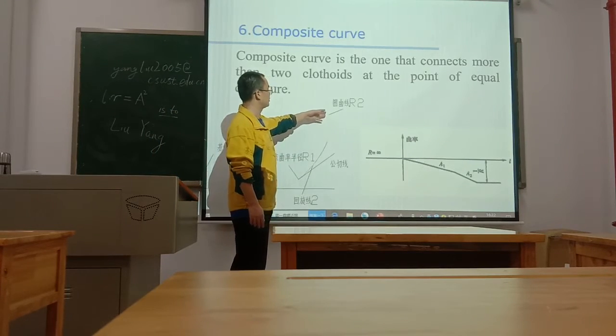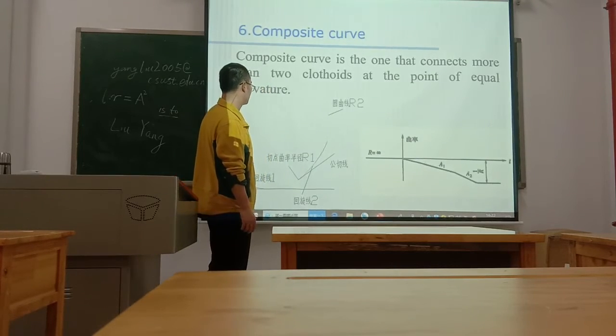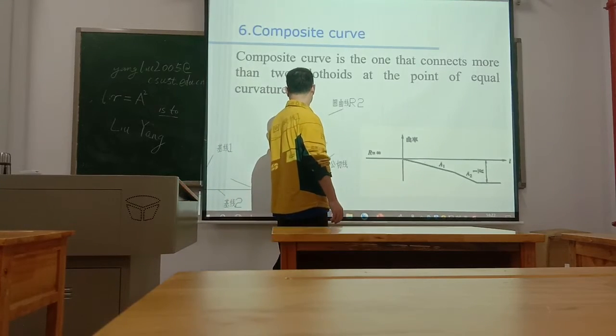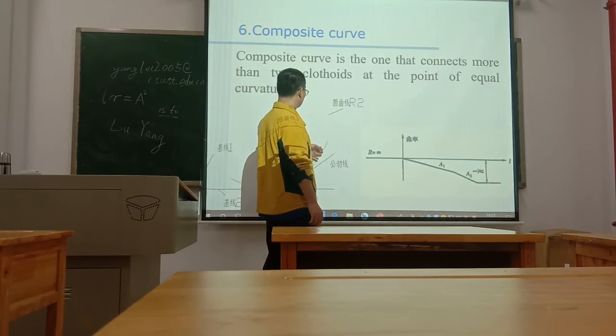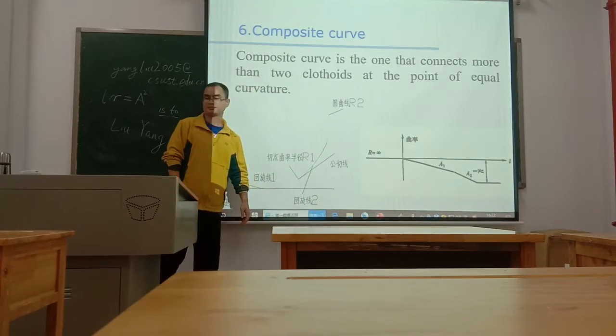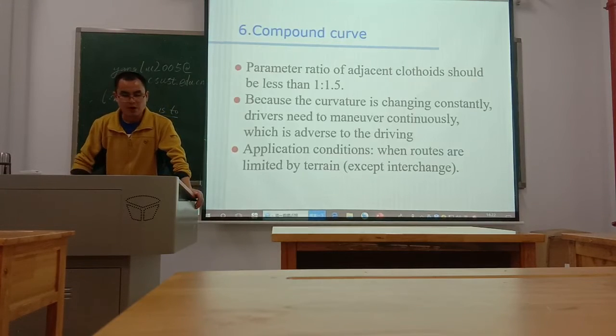This is circular curve 2. Parameter ratio of adjacent clothoids should be less than 1:1.5.